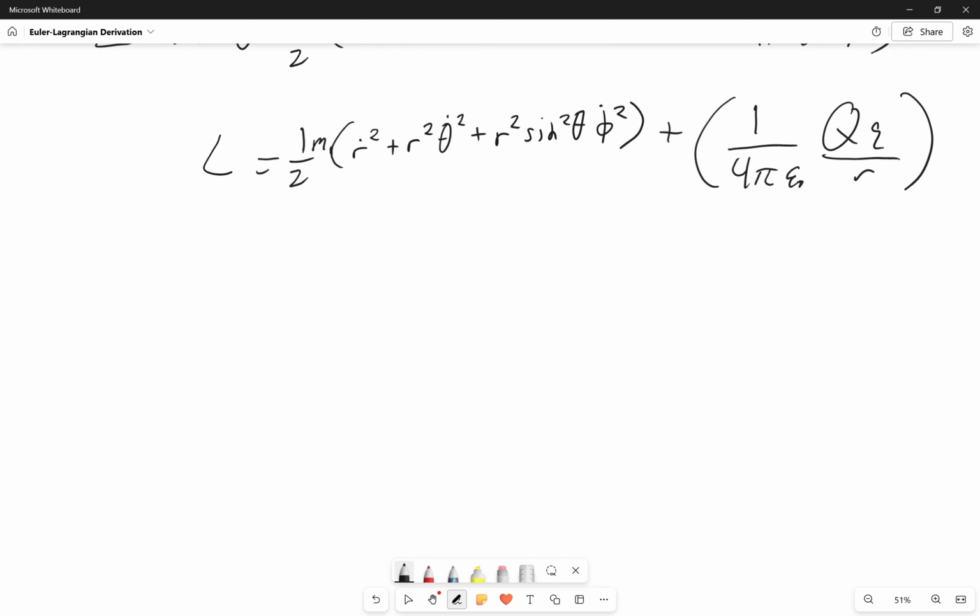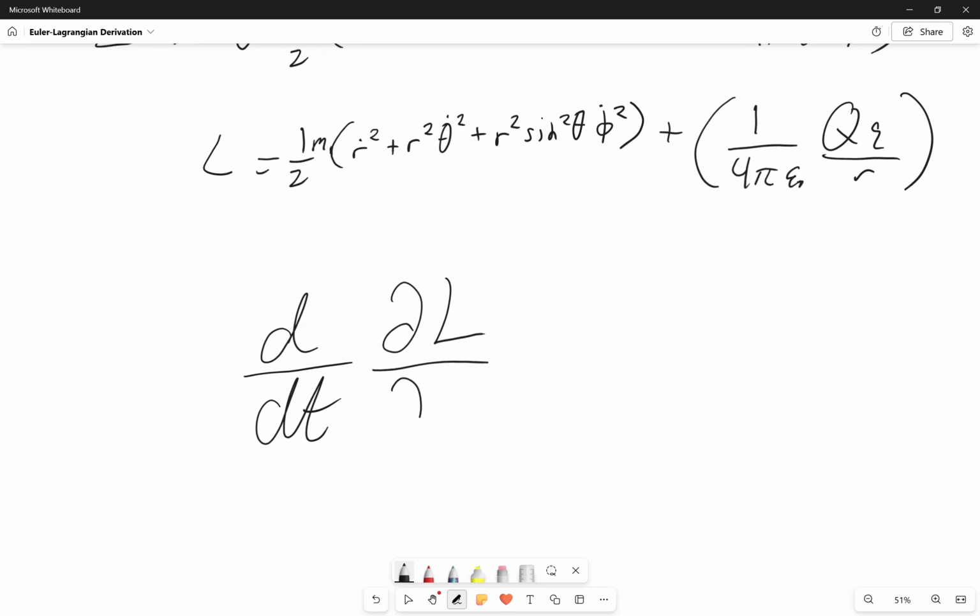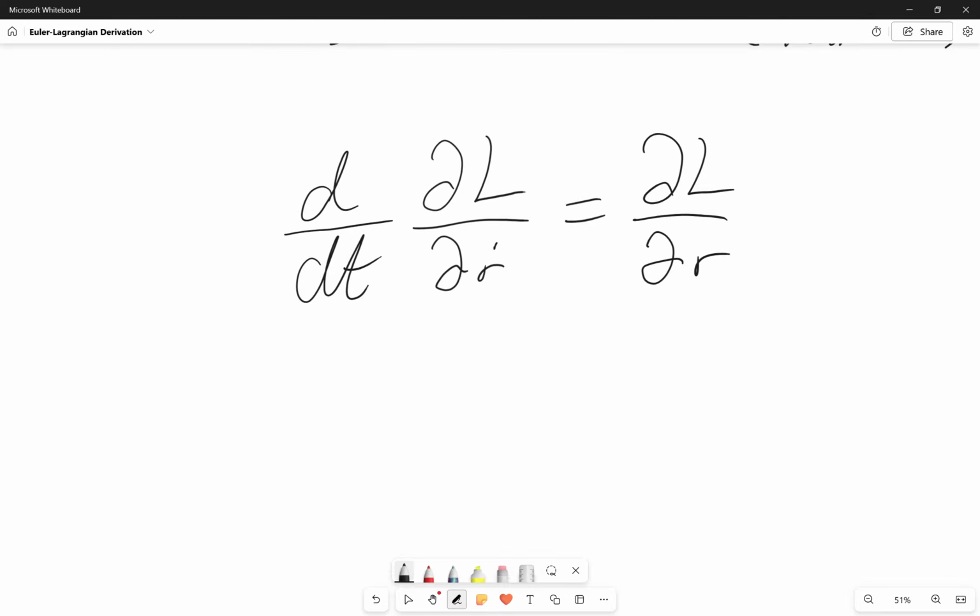Now I'm going to reintroduce the Euler-Lagrange equation, but this time I'm going to use the variable r instead of q. Now we're going to start with the left side of the equation, and more specifically, with this partial derivative.